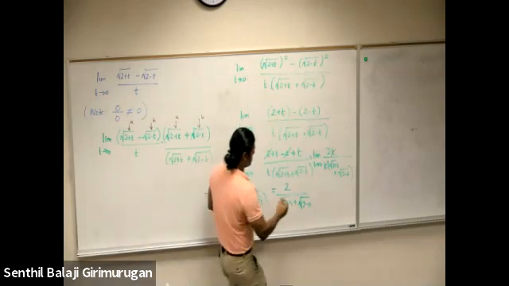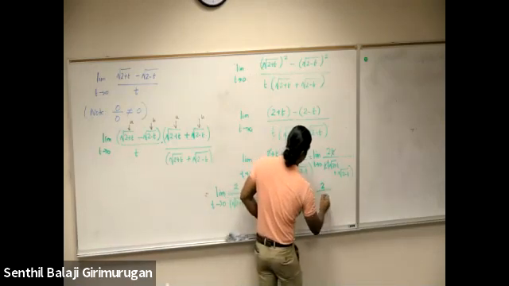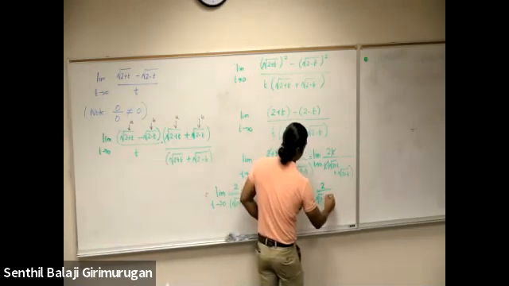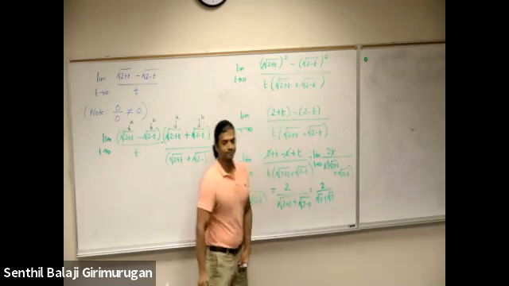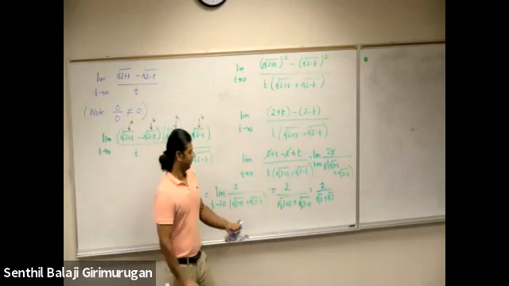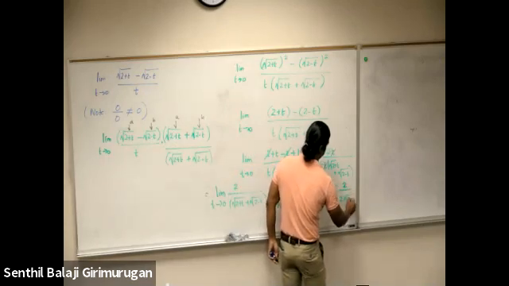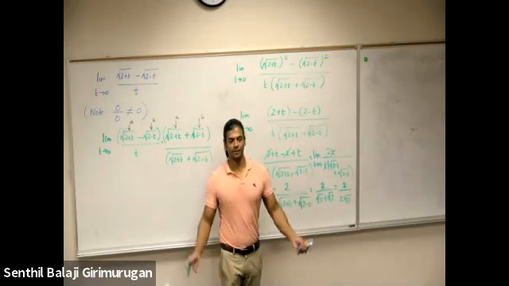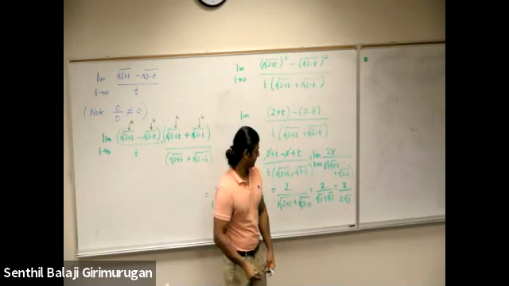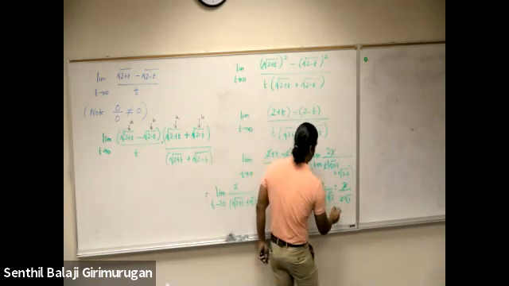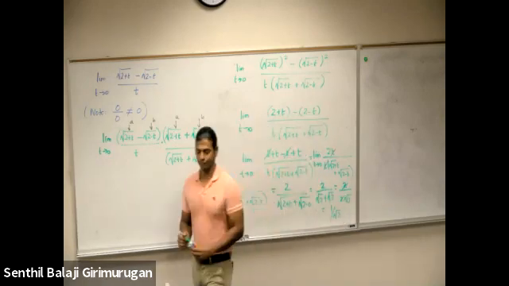Now, the denominator is 2 over root 2 plus root 2, which would be 2 over 2 root 2. What happens to the 2's? They'll get cancelled. So the answer is 1 over square root of 2.